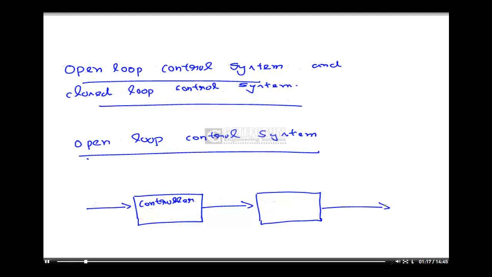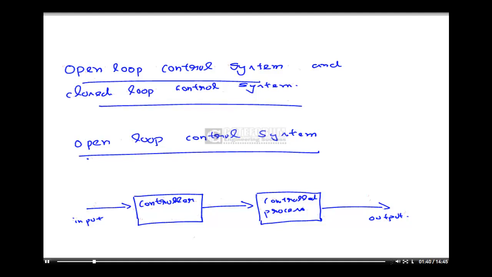And finally, the output of the control process is the output. So this is an open loop control system. Okay. Now the thing which is missing.